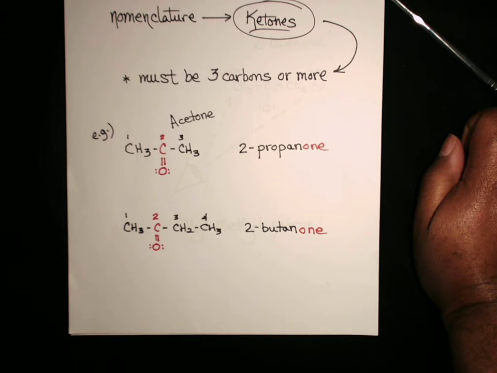Now, the reason that this may be considered redundant is that with 3 carbons, and considering the carbonyl carbon always has to be inside the chain and not at the ends, the number 2 carbon is the only place that could also be identified as the carbonyl. So it is a little redundant.